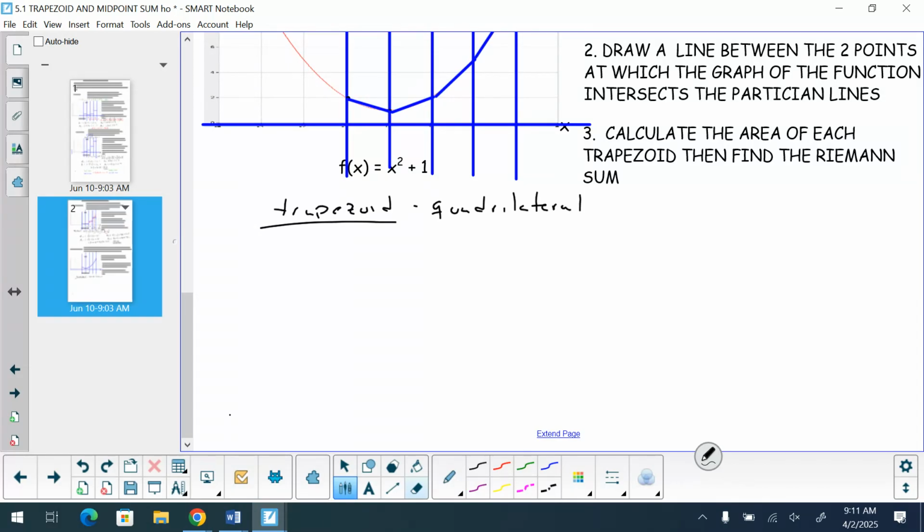It's a quadrilateral with one pair of parallel sides. Trapezoids are quadrilaterals with one pair of parallel sides. Well, if I take a look, our vertical lines that we draw are the parallel sides.